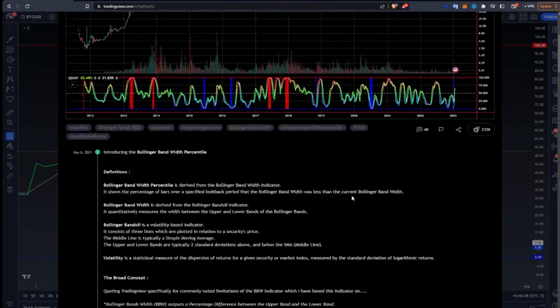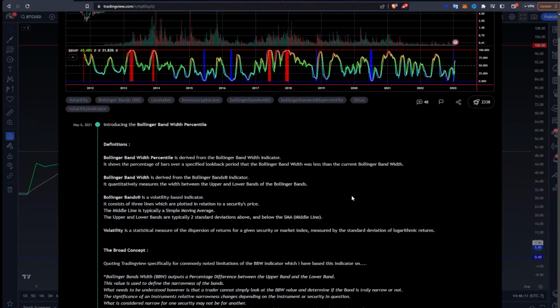Now, I have another indicator that shows you Bollinger Band width and percentage individually, but the BBWP, having it baked into one indicator where you just look at it and you say, yes, expansion is kicking off. It's either very volatile or it's very contracted, meaning that there's a move coming, or it's very volatile.